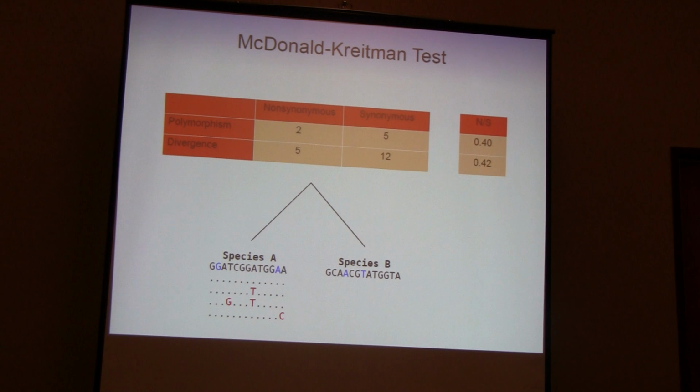Conceptually, this equality is fairly easy to understand: if a certain proportion of non-synonymous mutations are neutral and allowed to become polymorphic within a population, the same fraction should be allowed to become fixed between species.